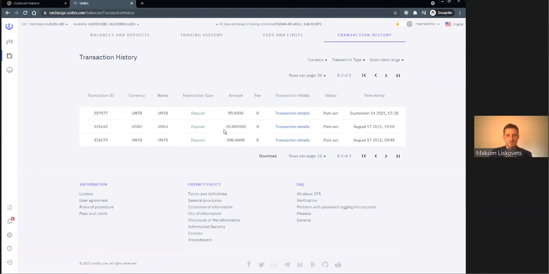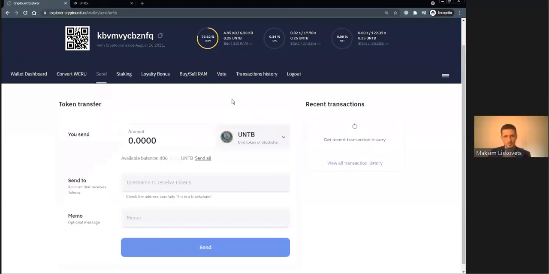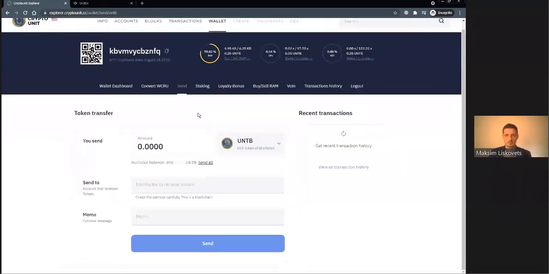And there is another tab, transaction history, showing the transfer of 520 and 80 UNTBs. Well, the deposit and the withdrawal of funding from the UnitEx exchange, we've covered this.